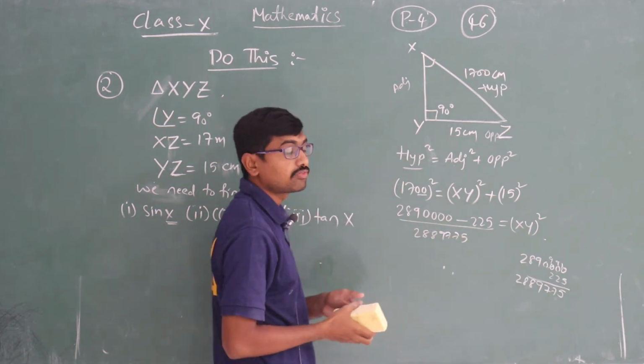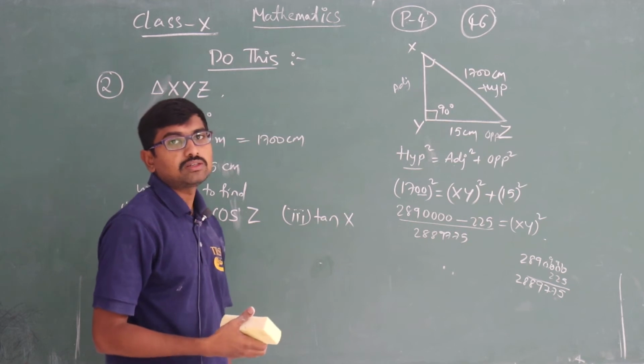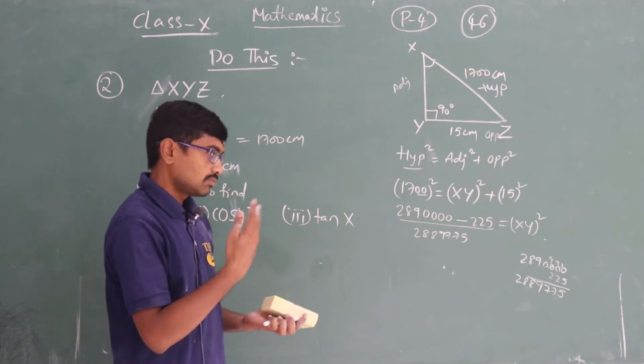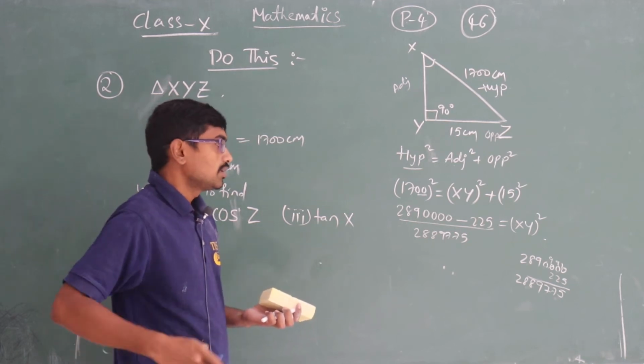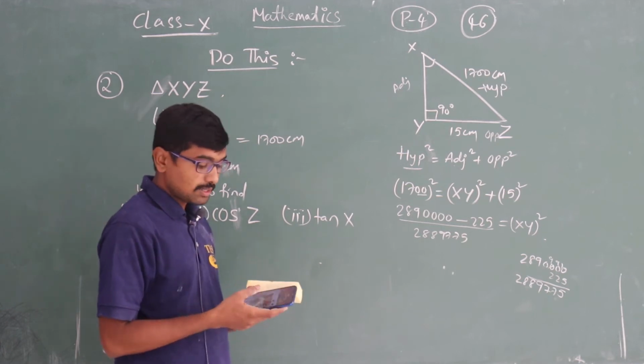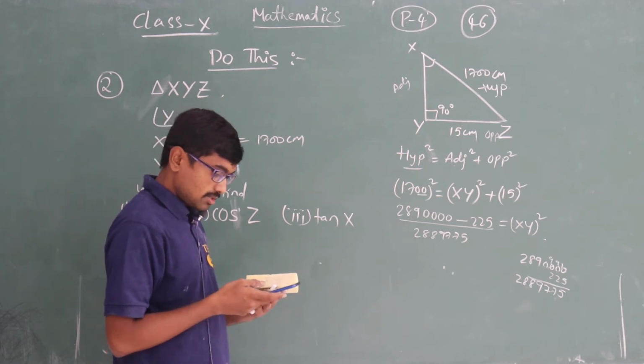So how can we find the factors? By using the square method, that is by finding the prime factors, you can find the value.